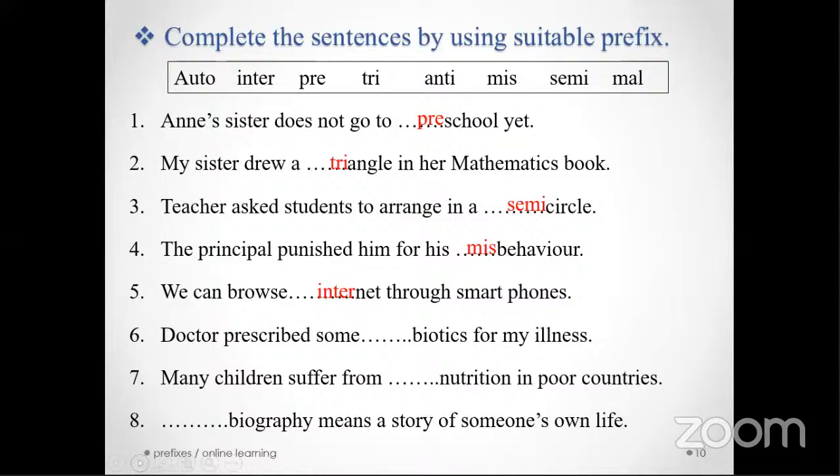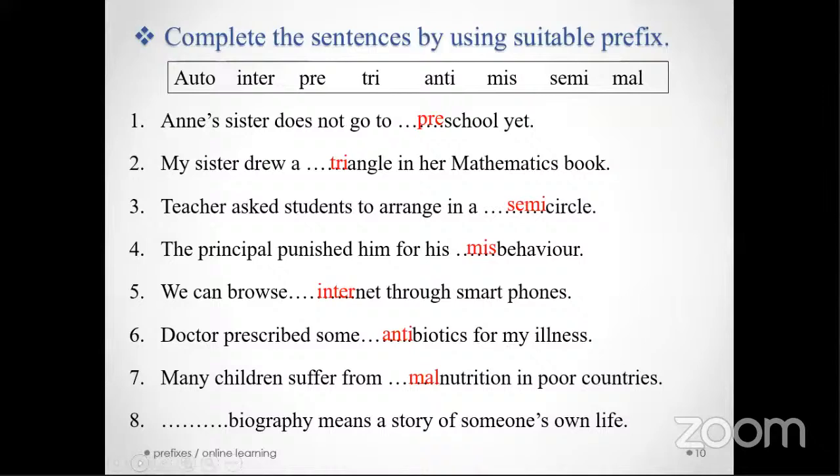Internet. Next one, doctor prescribed some antibiotics for my illness. Prescribed කියන්නේ නිර්දේශ කරනවා, right? නියම කරනවා. Doctor මට නියම කරා antibiotics, ප්‍රතිජීවක මගේ ලෙඩේට. Next one, many children suffer from malnutrition in poor countries. ගොඩක් ළමයි මන්ද පෝෂණයෙන් පෙළෙනවා දුප්පත් රටවල් වල.